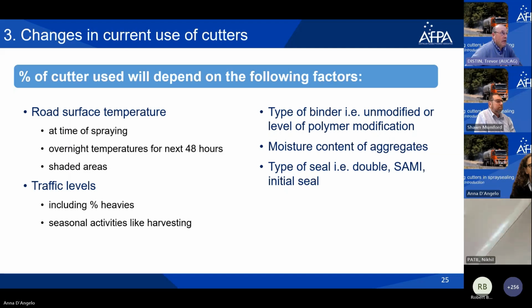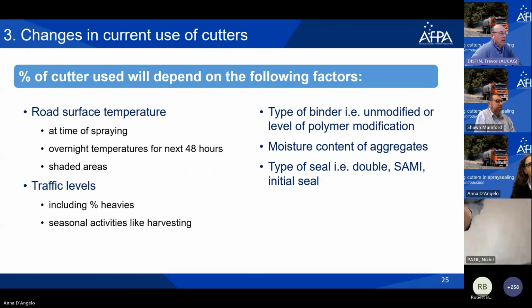Also, what's been mentioned is the weather forecast for the immediate future after the seal is open. Any sudden change in overnight temperature to single-digit values can result in brittle failure before the aggregate has had a chance to reorientate itself onto its least dimension, which could result in the aggregate being stripped off the seal when it's exposed to heavy traffic during that cold period.